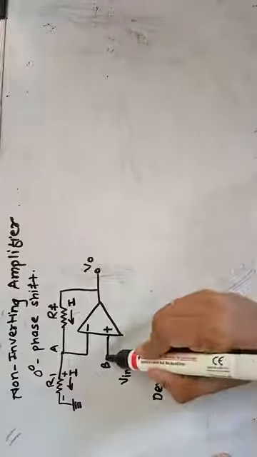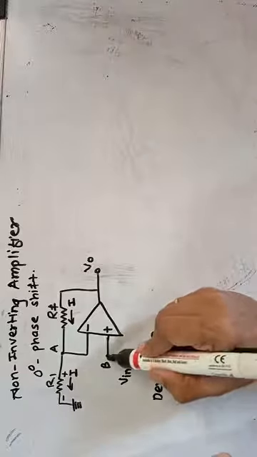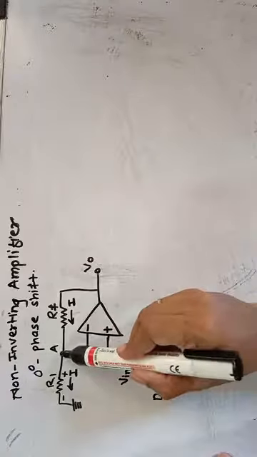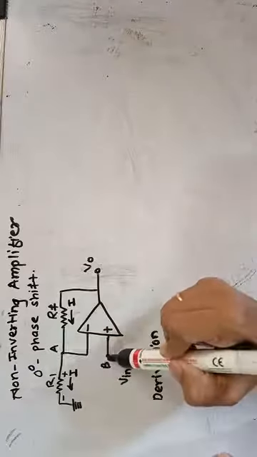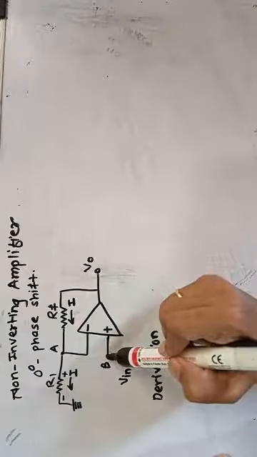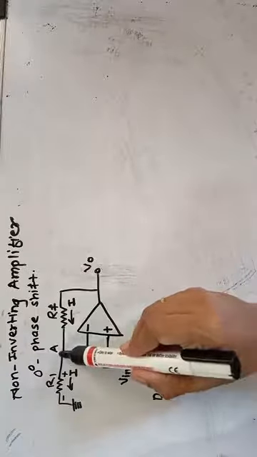See here, node B is at potential V in. So the potential of point A is the same as B, which is V in, due to the virtual short concept.